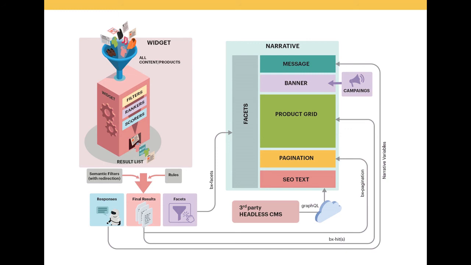So we can use the narrative as a CMS, but we can also connect it with dynamic elements. So for instance, we can use the responses to define what appears in the message. We can use the active campaigns to define what appears in the banner. And we can use a connection with a headless CMS that we typically integrate directly in real time with GraphQL to define, for instance, the SEO text.